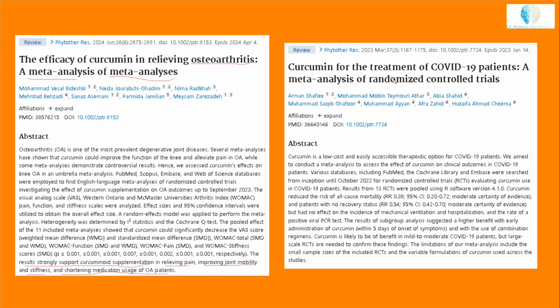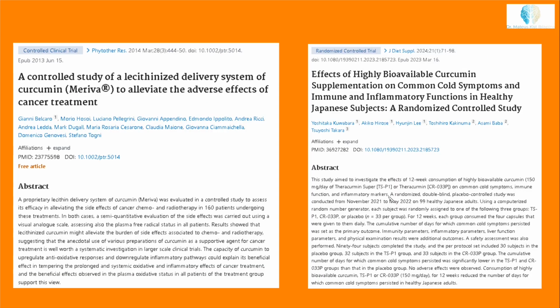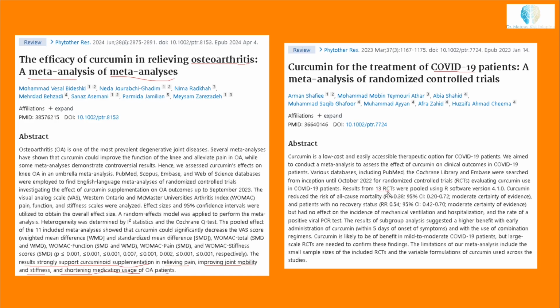And here on the right, we have a systematic review with meta-analysis of randomized controlled clinical trials investigating the use of curcumin supplementation in the treatment of COVID-19 patients. So they had a total of 13 randomized clinical trials, and this review found actually a very significant effect in reducing all-cause mortality.